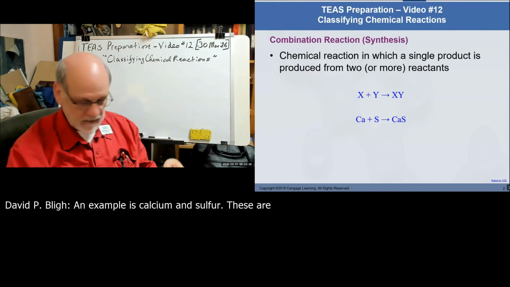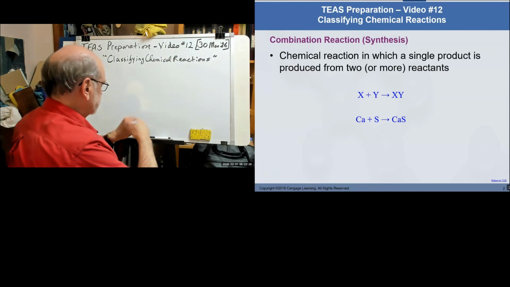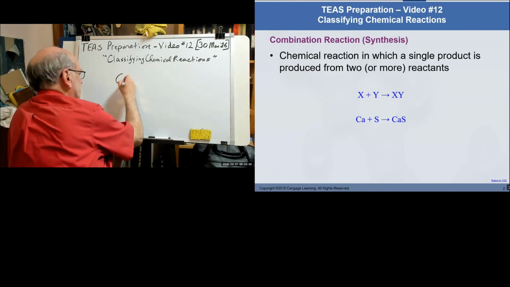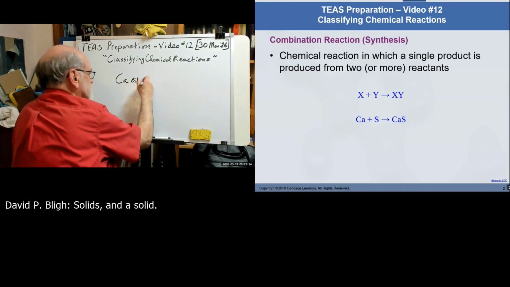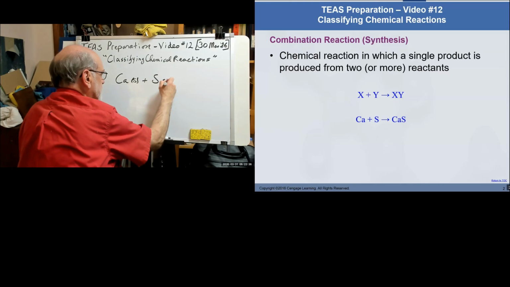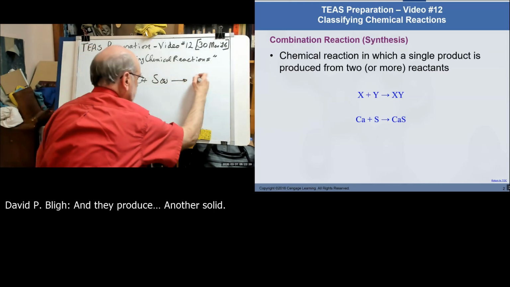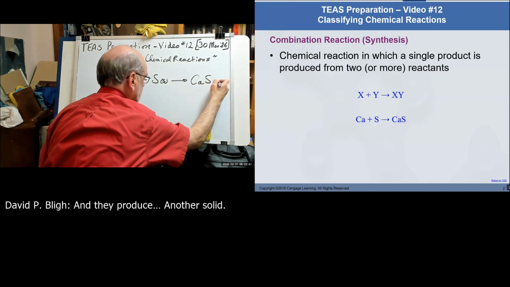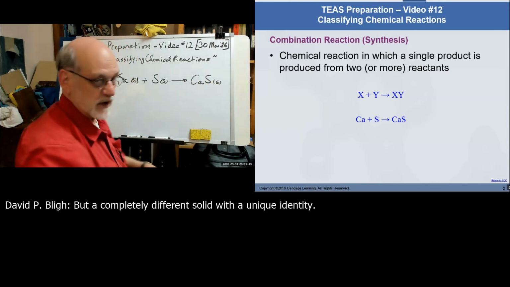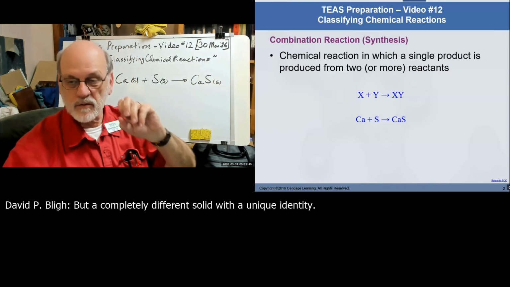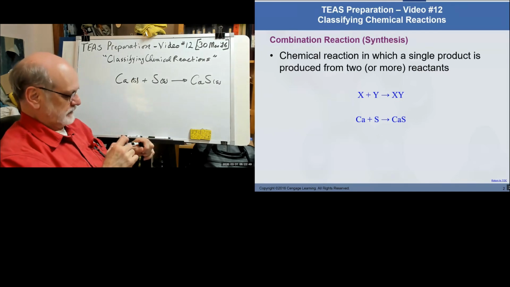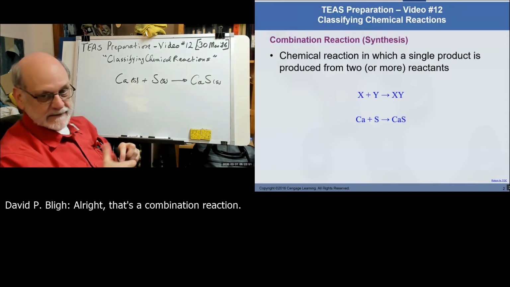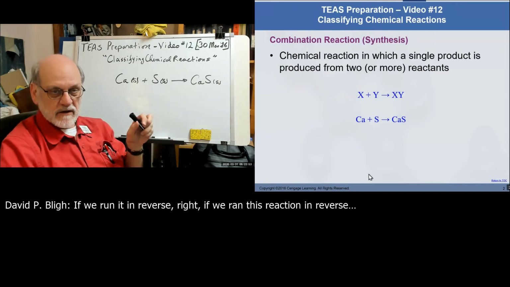These are elements, solids, and they produce another solid, but a completely different solid with a unique identity. All right, that's a combination reaction.